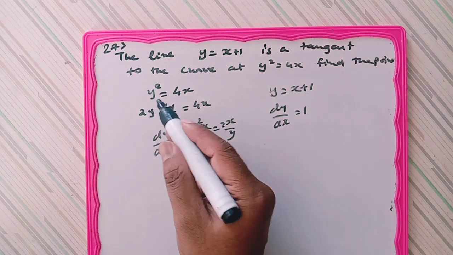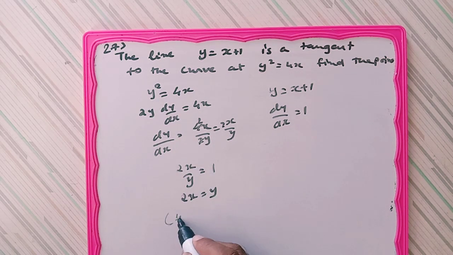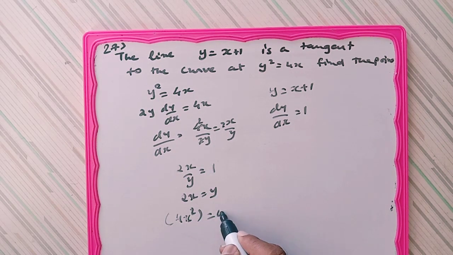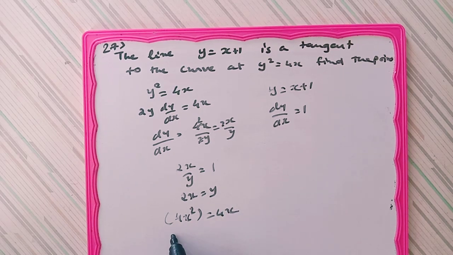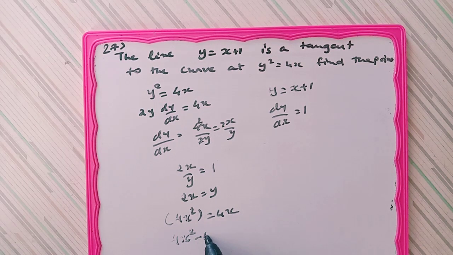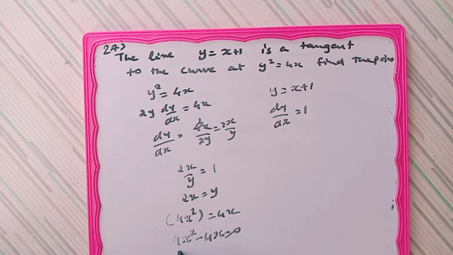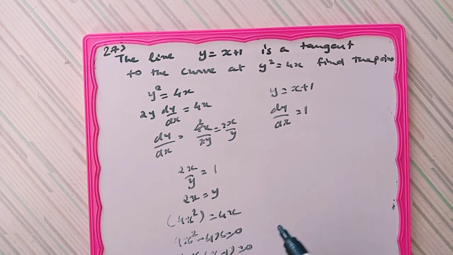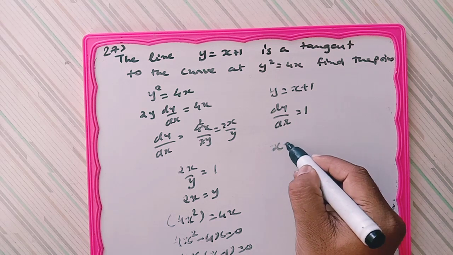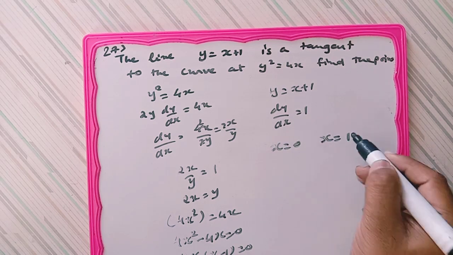So we substitute the y value here, then y = 2 gives 4 = 4x, wait, we get the points: y² equals 4x. We have x equals 0 and x equals 1.